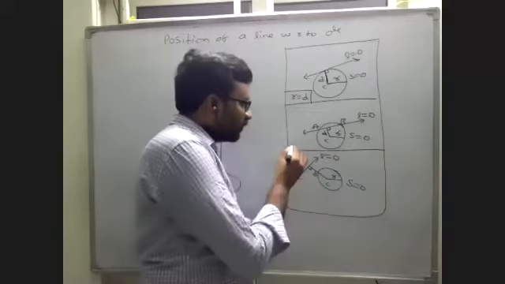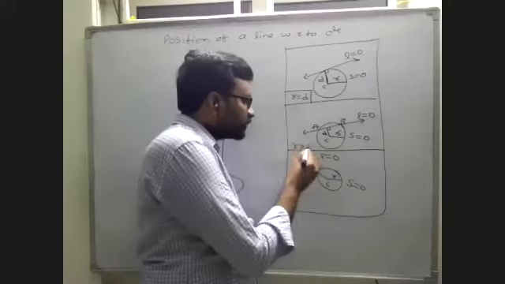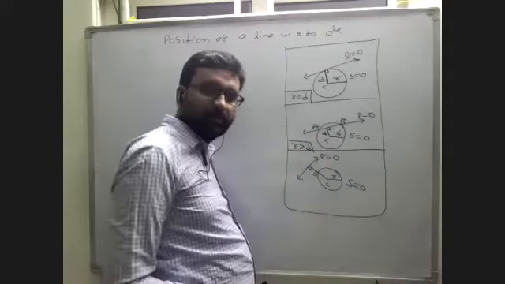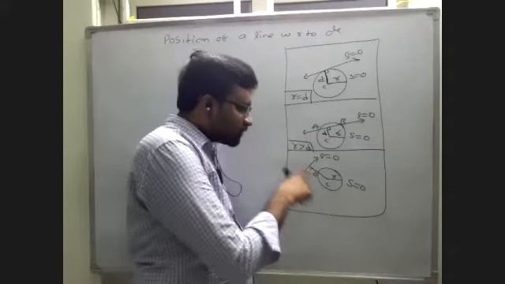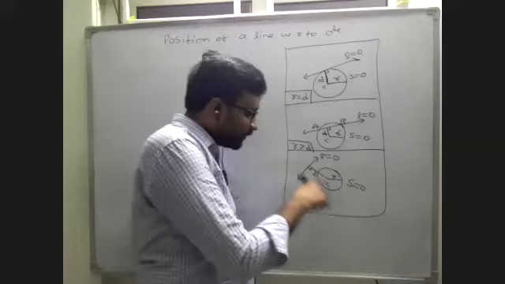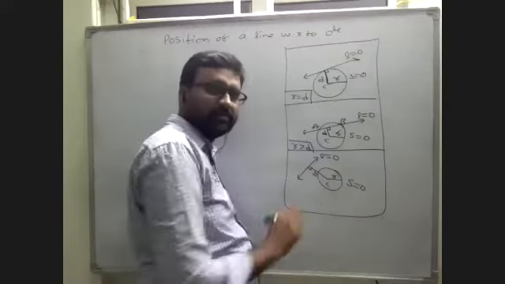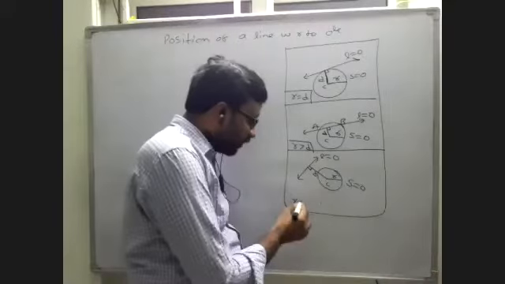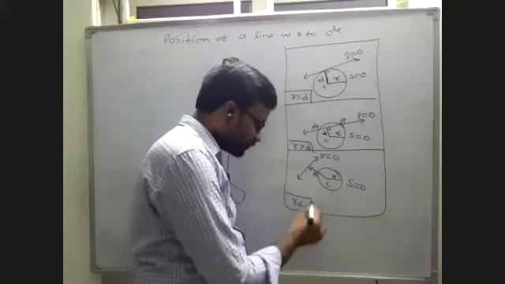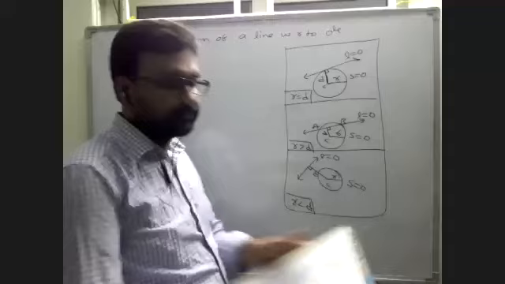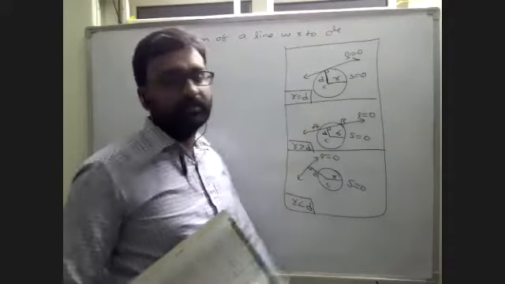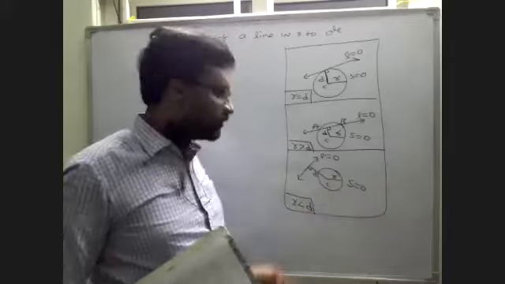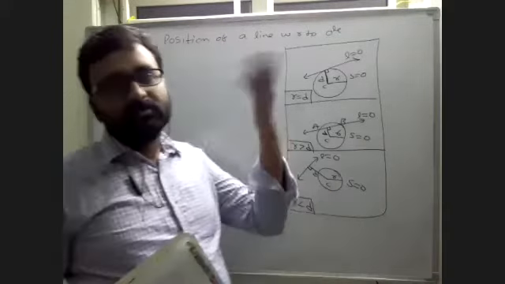That is, R is big, D is small, that is R greater than D. The third one: if the line is outside the circle, the perpendicular distance is big compared to the radius, so R is less than D. So if R equal to D, the line is touching the circle. If R is big, the line is intersecting the circle. If R is small, the line is outside the circle.